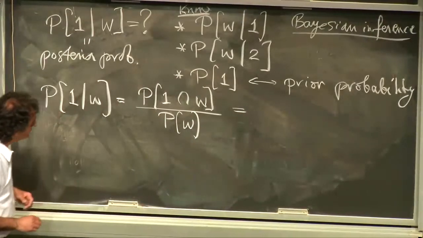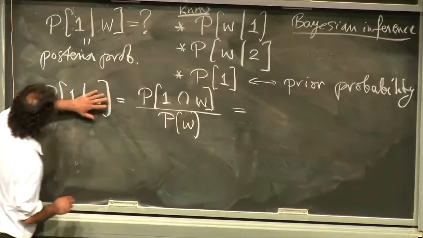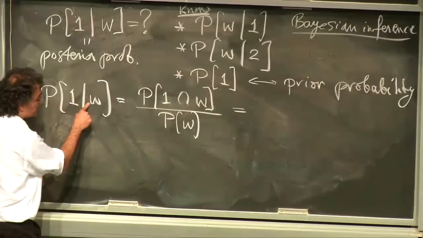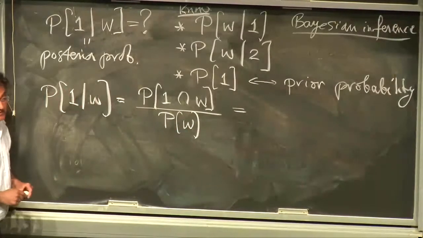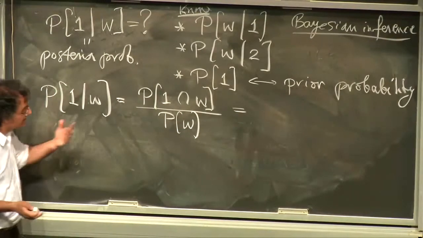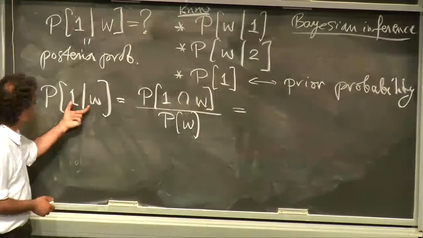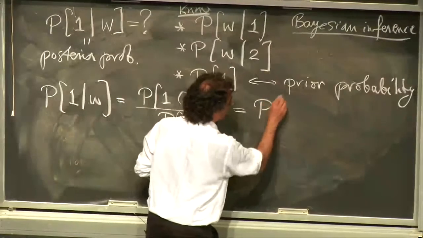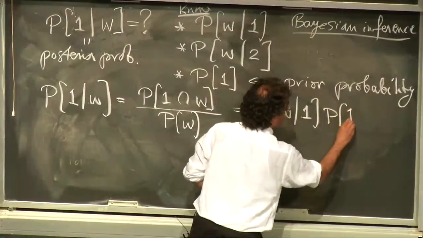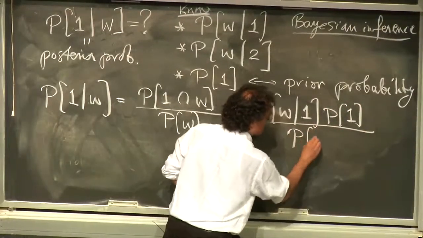But now, if you were to take this to this side, you would see probability of 1 intersect white is probability of 1 given white times probability of white. But now by symmetry, you can interchange the places of white and 1. And so you could write it as probability of white given 1 times probability of 1 divided by probability of white.